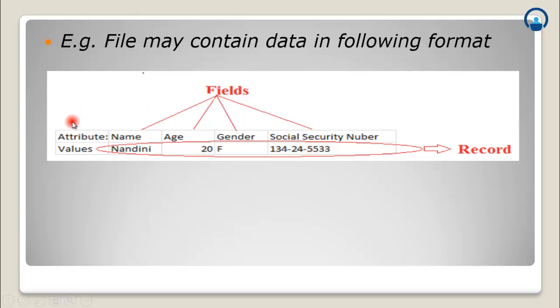Okay, so these attributes, that is name, age, gender, social security number, are called fields. And each column is a field, and this whole row of values is called a record. So these values, this data, we have organized in a record.